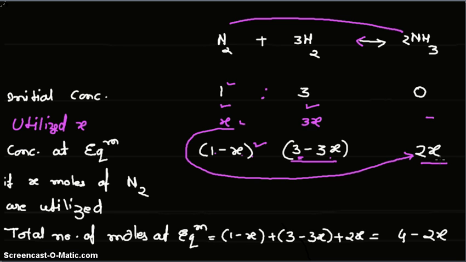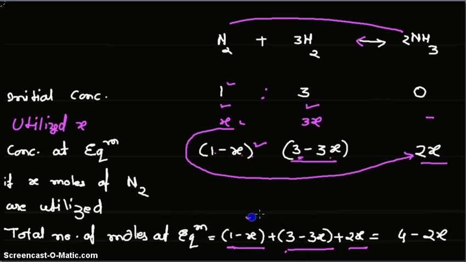Now our target is to find the mole fraction. In order to find the mole fraction, we need the total number of moles. How many moles of nitrogen? 1 minus x. How many moles of hydrogen? 3 minus 3x. And how many moles of ammonia? 2x.